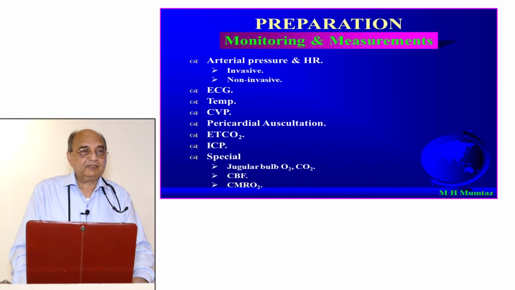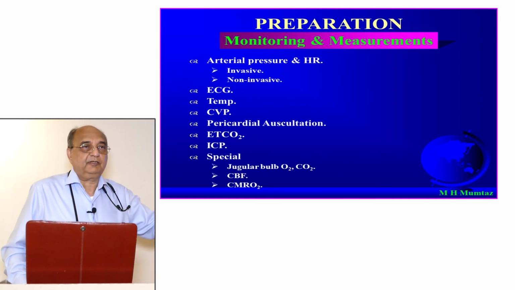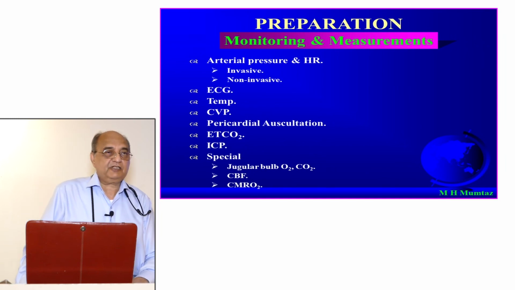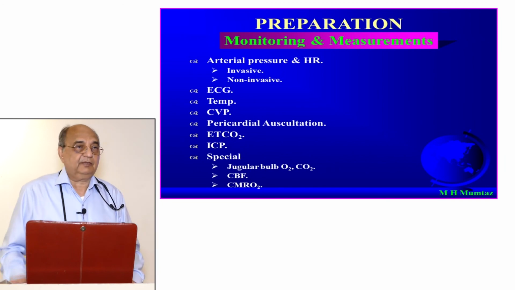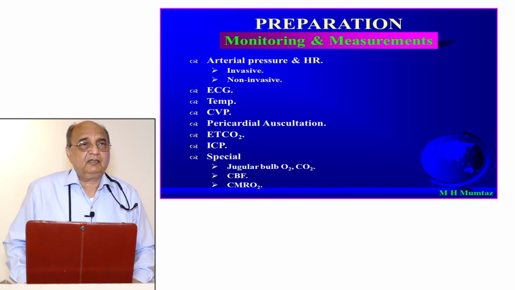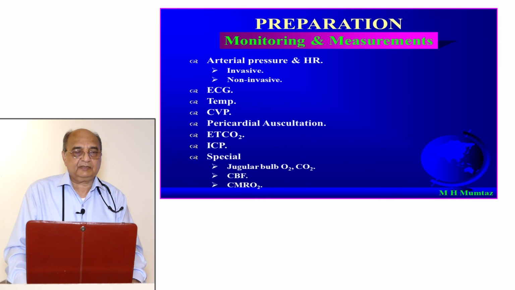Then end-tidal CO2 is very important continuously, as we have on our monitor. When you measure end-tidal CO2, it will tell you the PaCO2. Then ICP, if you can measure the ICP, put the transducer there. It's simple. In the neurosurgical anesthesia theater, you should be able to measure the ICP.